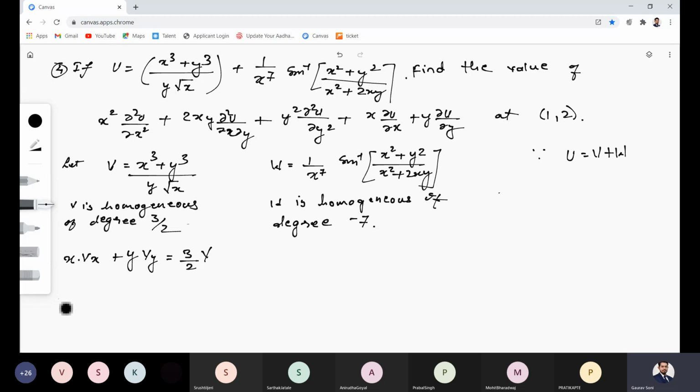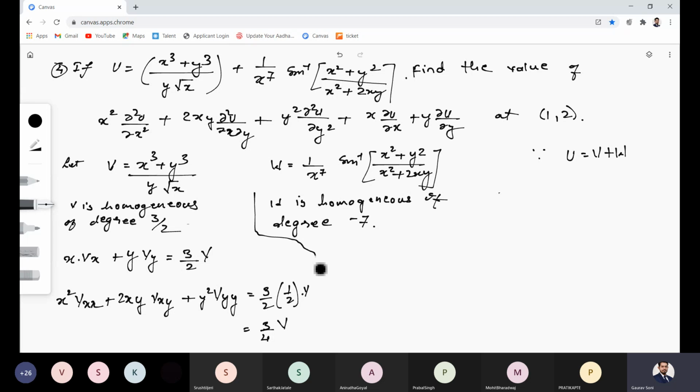On the same line, x square vxx plus 2xy vxy plus y square vyy will be equal to, anyone? n into n minus 1 into v. So 3 by 2 minus 1 will be 1 by 2 into v. So it is 3 by 4 v.